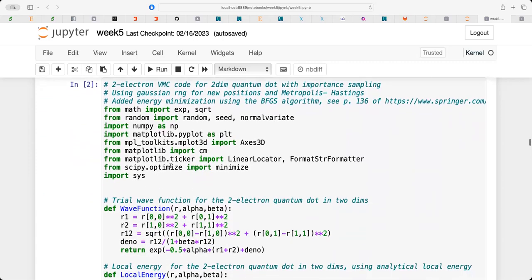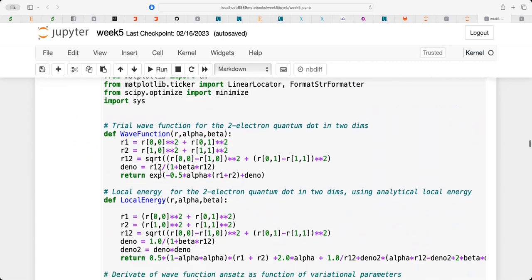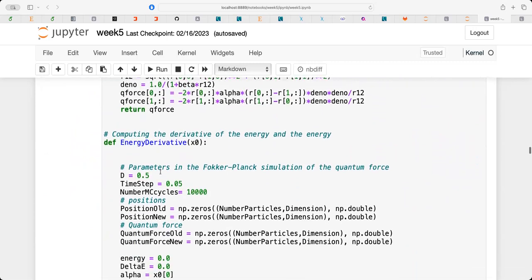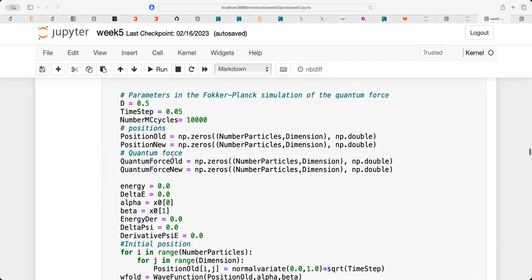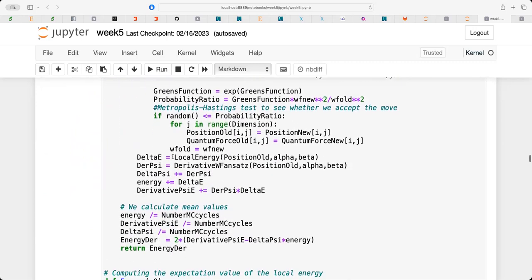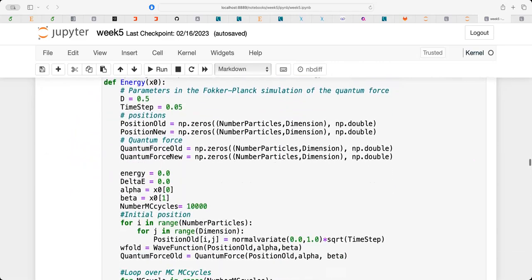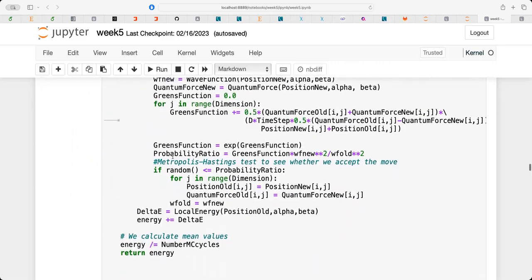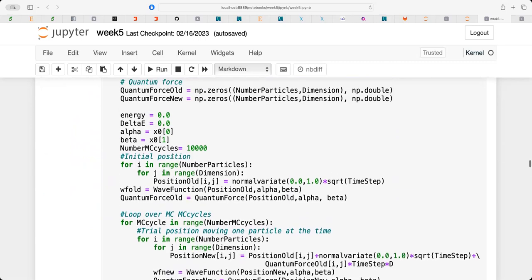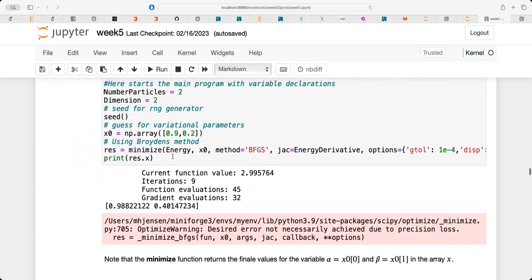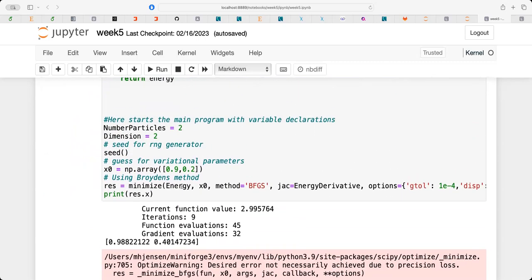This method is included in the scientific Python optimization package. Here I have a function for the energy derivative, which is the same as the one you saw before, but now I'm also calculating the energy. This algorithm wants a function for the energy, and a function for the energy derivative.